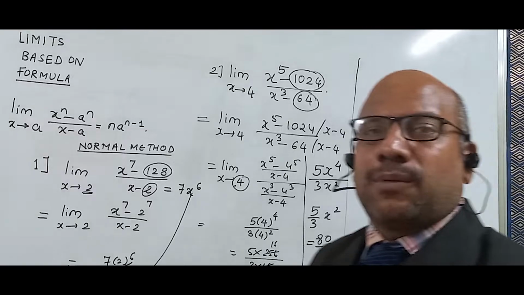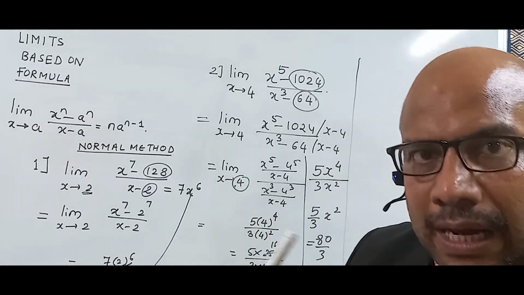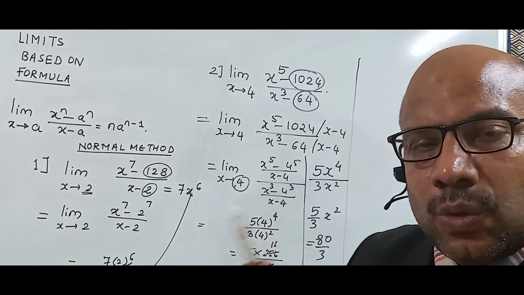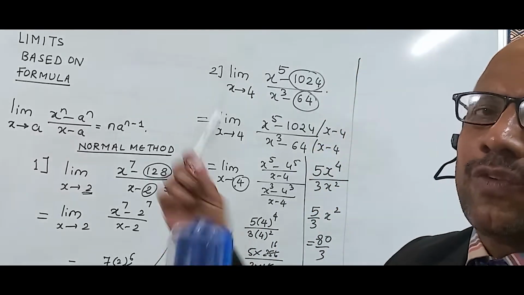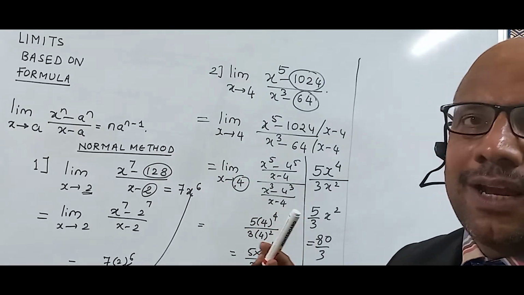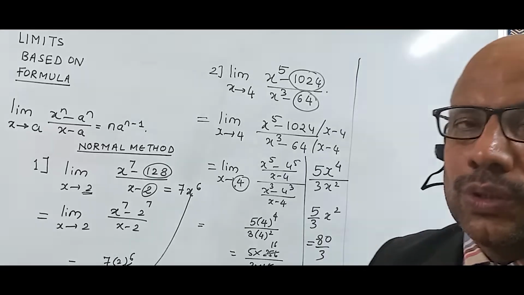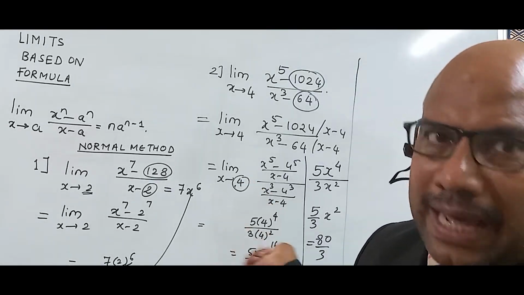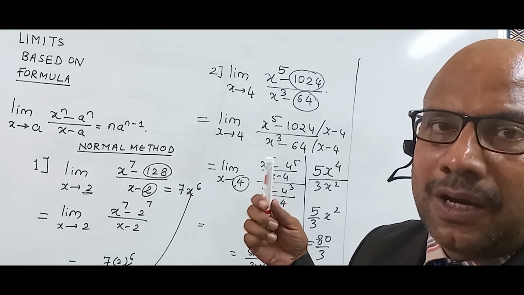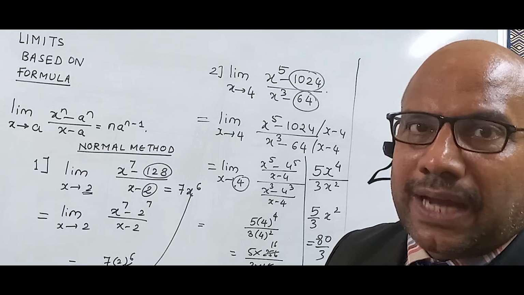Now many will say, sir, this we already know, what is special in this? Now, slowly I will increase the difficulty level, and then you will find that even L'Hopital rule is not helping you faster here. So how to do the sums? So this type of sums, if you know the formula, you can directly apply the formula, or you can differentiate numerator and denominator using L'Hopital rule and you get the answer faster.